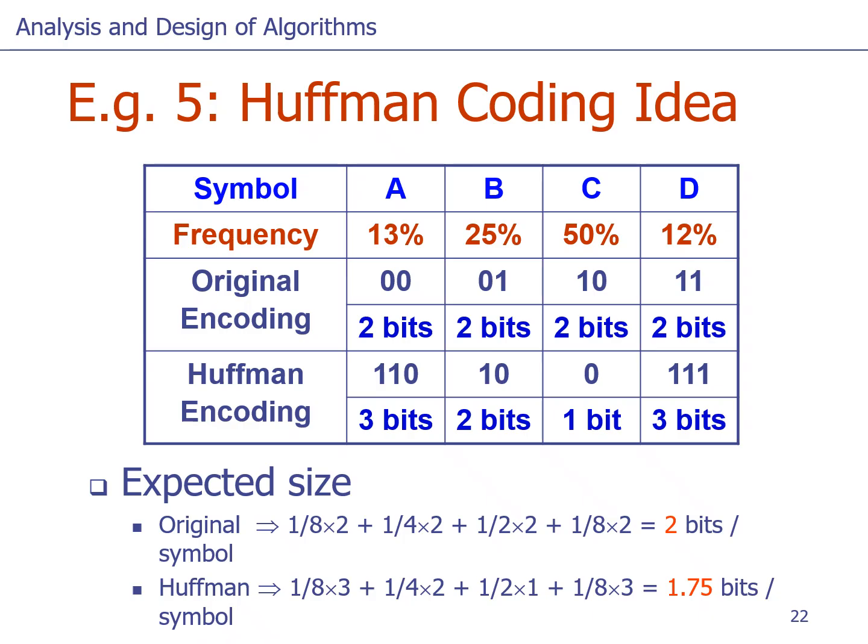So if you look here at my example, in this specific piece of text in the file I'm trying to compress, C appeared 50%, which means half the letters in this file are C's. Obviously in this specific file I only have A, B, C, and D. I don't have the other letters of English, for some weird reason.